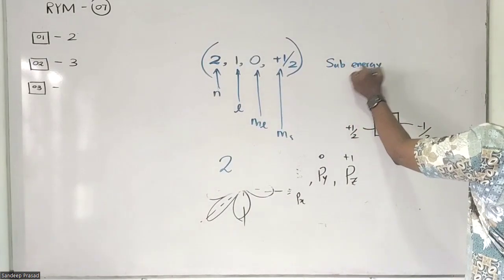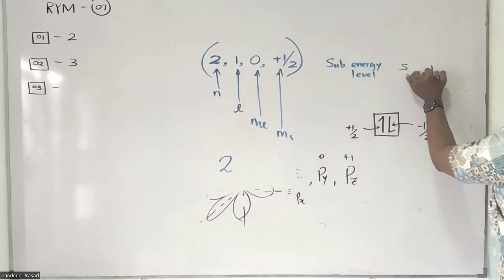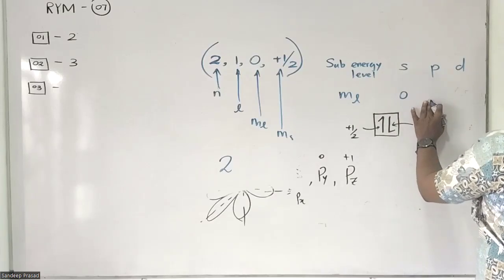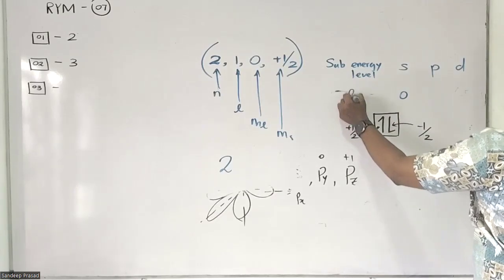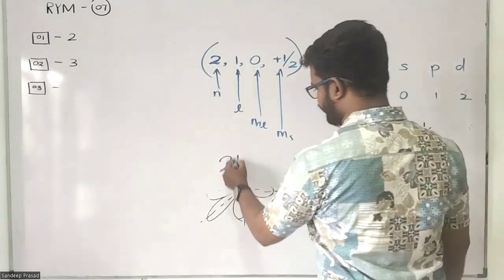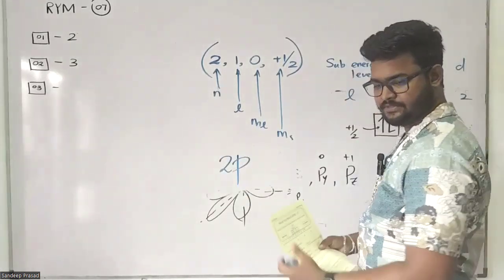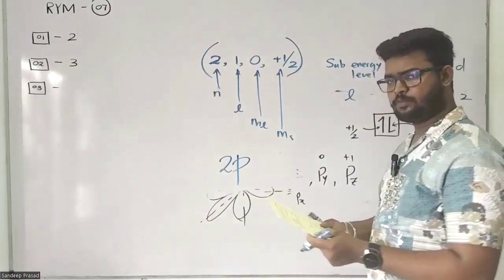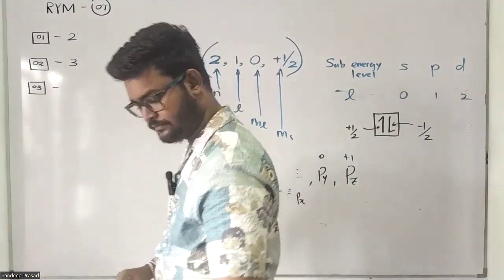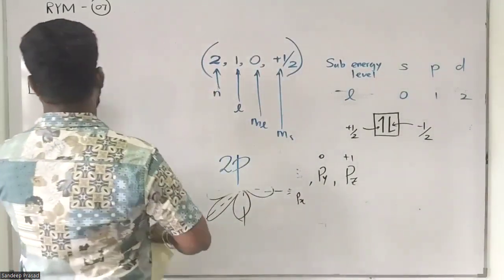If the sub-energy levels s, p, d are given, the L values are 0, 1, 2. So therefore, we can tell that this is 2p sub-energy level, right? That means it is representing a 2p electron. So question number 3, answer is third. Very easy.